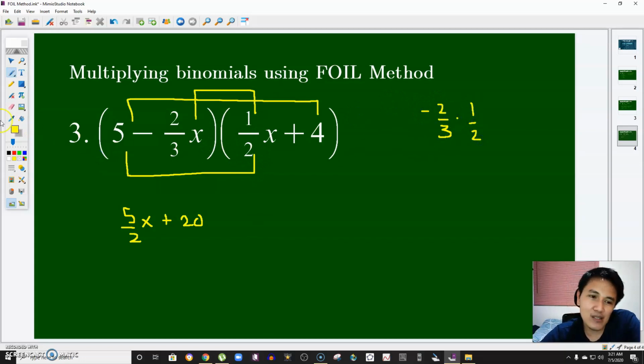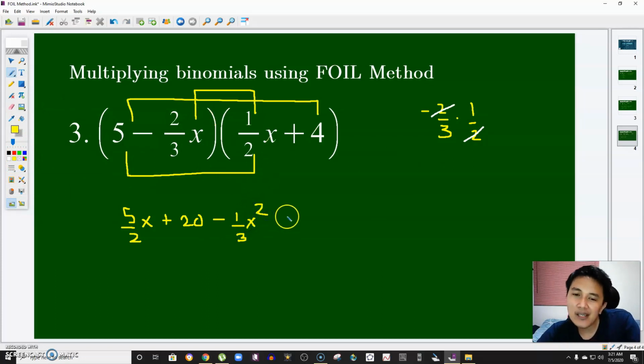That's actually negative 2 over 6, or you can easily cancel 2 here, and that will give you negative 1/3 x times x, so x squared. And lastly, negative 2/3 times 4, so that's negative 8 over 3 x.